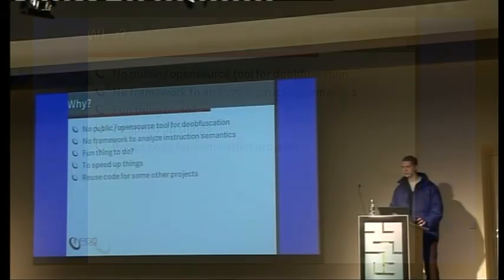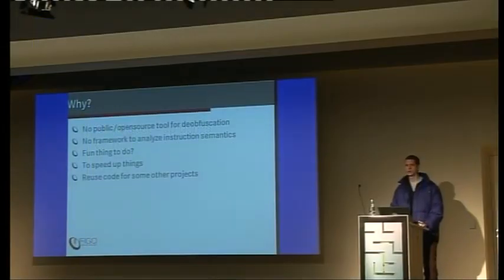There are some tools developed by universities in the US like Vine and BAP, but they're written in OCaml, and I don't know how many of you here write OCaml, but it's not easy to extend them and integrate them into IDA.